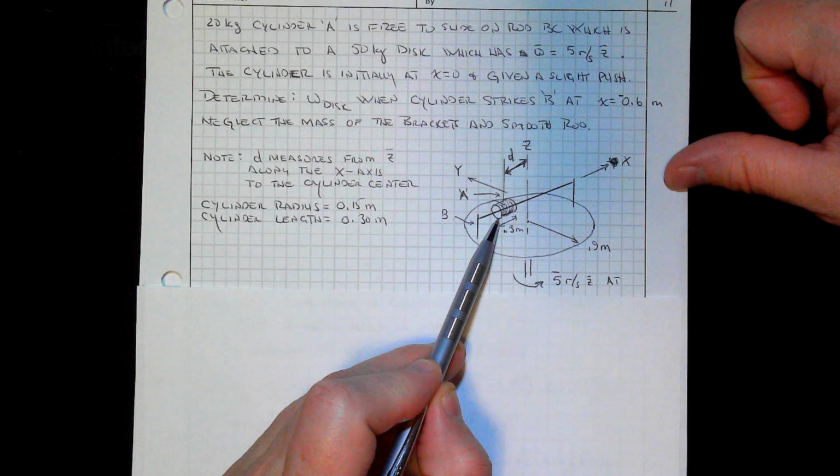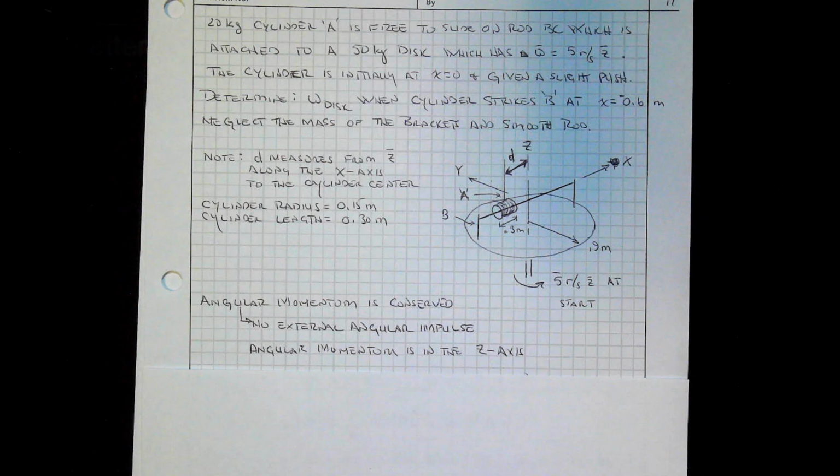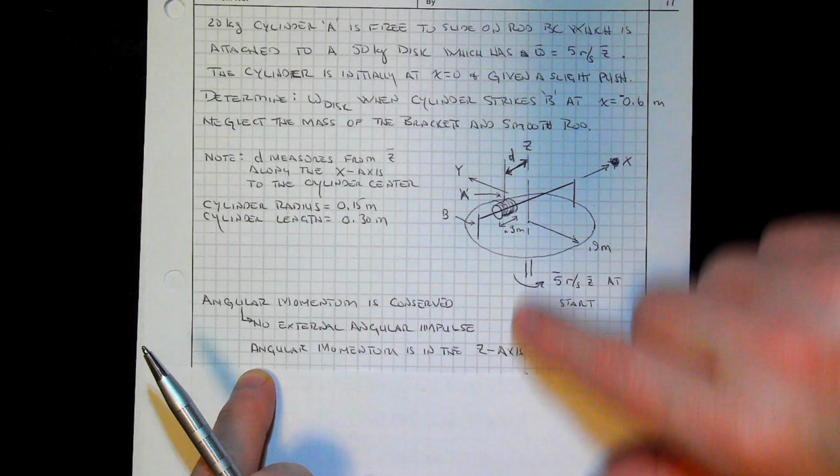So find omega disk when B strikes at x equals minus 0.6 meters. We'll neglect the mass of the brackets and the smooth rod, so they will not have any effect on angular momentum.